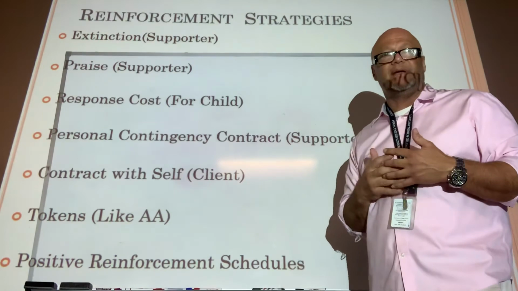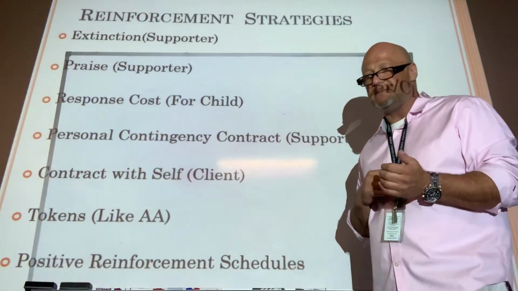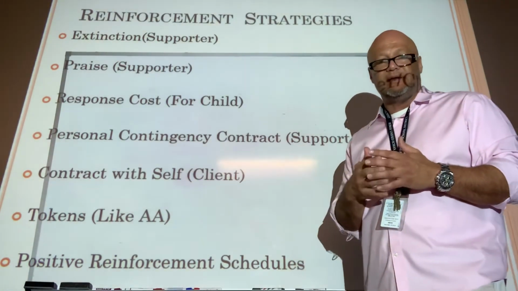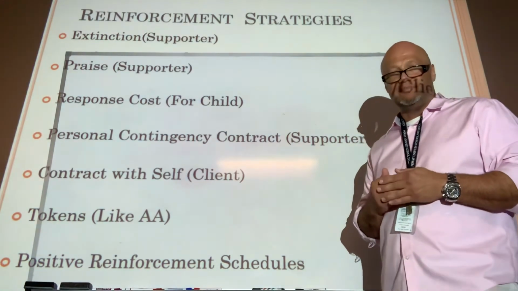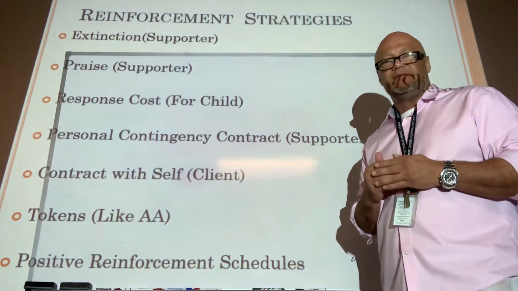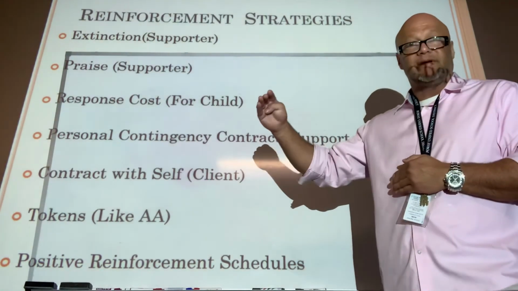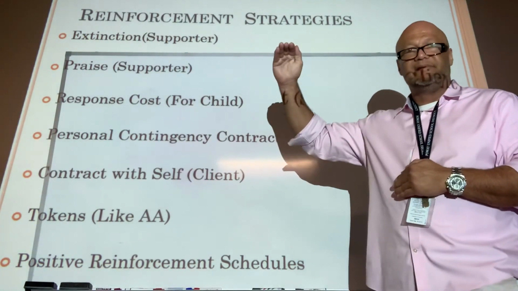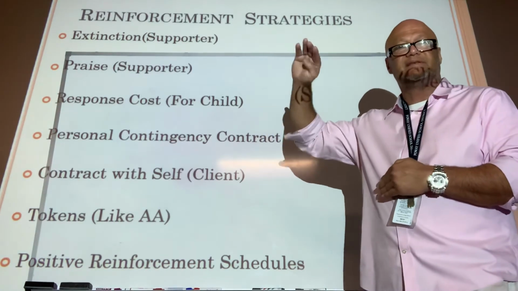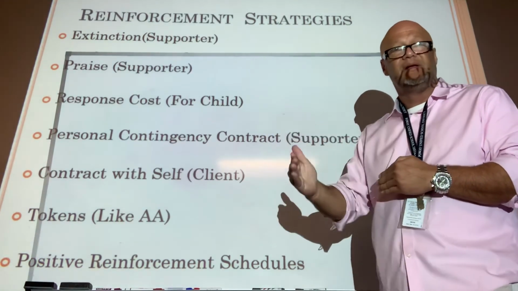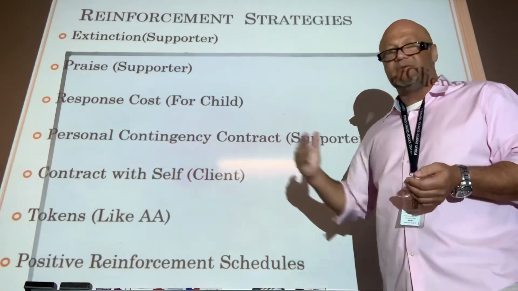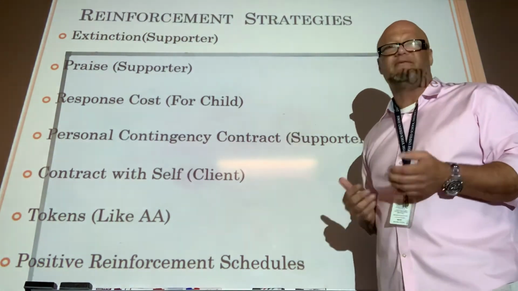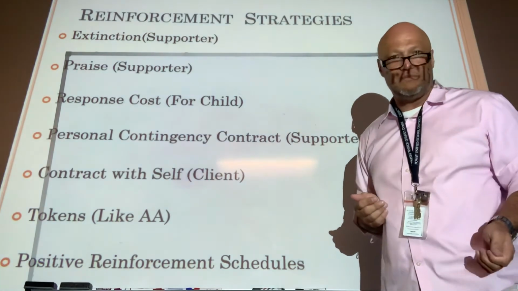If you have a behavior that is not being validated or is being ignored, it's going to get worse before it gets better. You're going to elevate it to get the same effect, but at some point it'll peak and you'll stop using that behavior because you're not going to get what you need. That could be providing money for a drug problem.